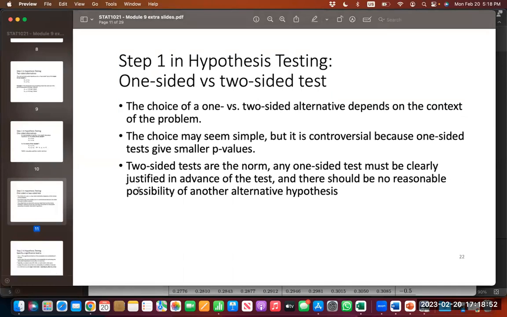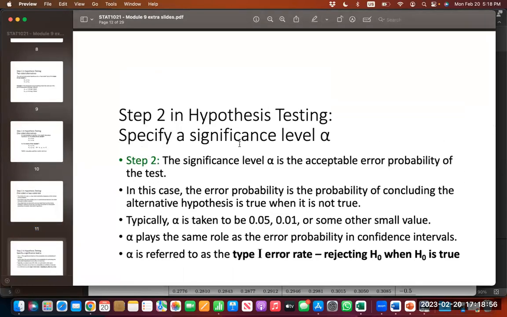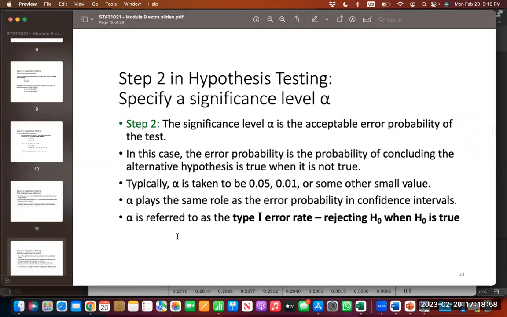So one-sided is really a hypothesis-driven kind of question. It really needs to be justified by the underlying research question. So this is a definition of the alpha. The alpha is the type 1 error rate. So this is rejecting the null hypothesis when the null hypothesis is actually true. It is actually your false positive rate.